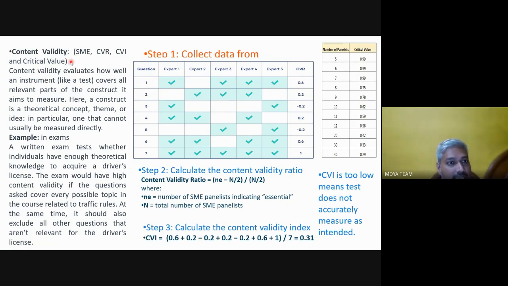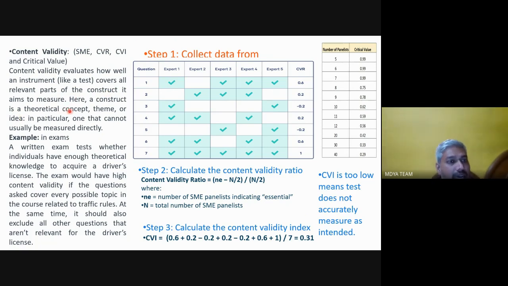Content validity evaluates how well an instrument, like a test instrument, we can say that it is a test, it can be a questionnaire, covers all relevant parts of the construct it aims to measure. Construct means you all have seen the questionnaire, right? And in that questionnaire there is a question, so that question is a construct.